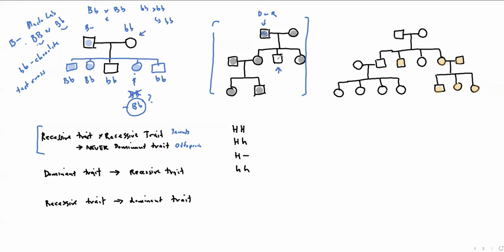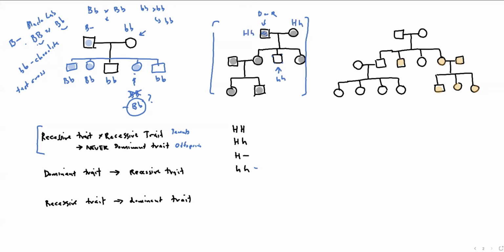So the fact that this offspring here is different from the parents, we know that this one is going to be the recessive, and maybe this one is the little h.